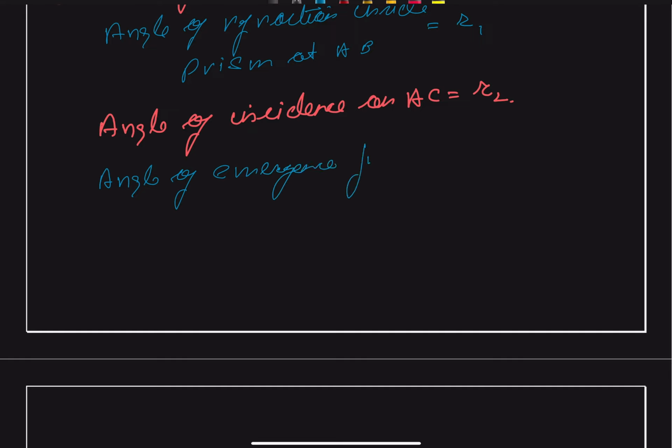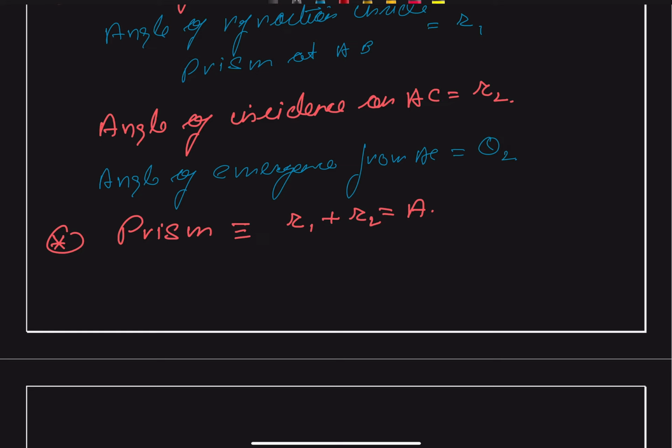From the prism relationship we know that R1 plus R2 is equal to A.